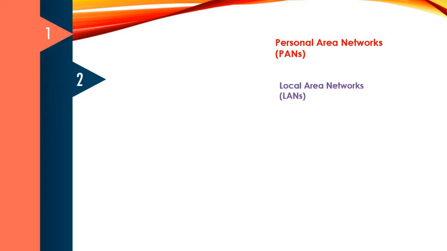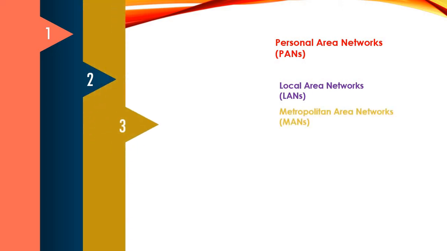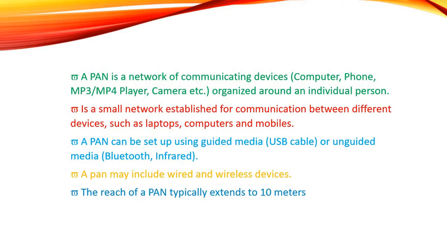PAN is nothing but your personal area network. Next, LAN, that is a local area network. Third one is a MAN, that is a metropolitan area network. After that, a WAN, wide area network. Now we will see each and everything in deeply.